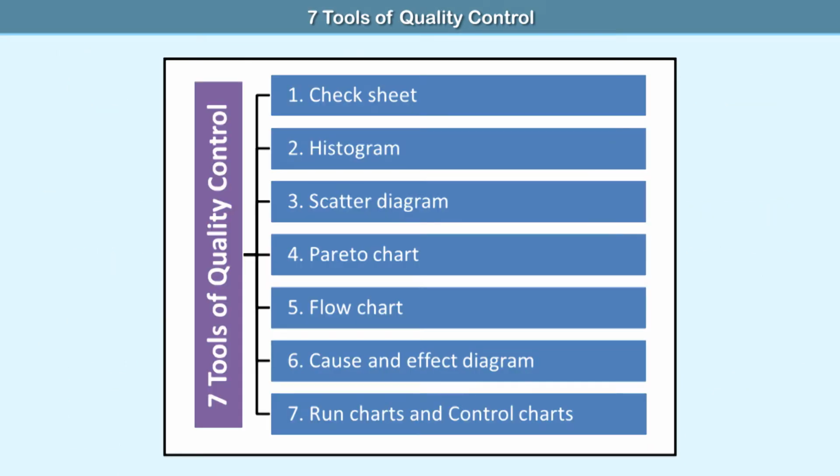There are 7 tools of quality control named as check sheets, histograms, scatter diagrams, Pareto charts, flowcharts, cause and effect diagrams, control charts. We'll go through all these 7 tools of quality control one by one.